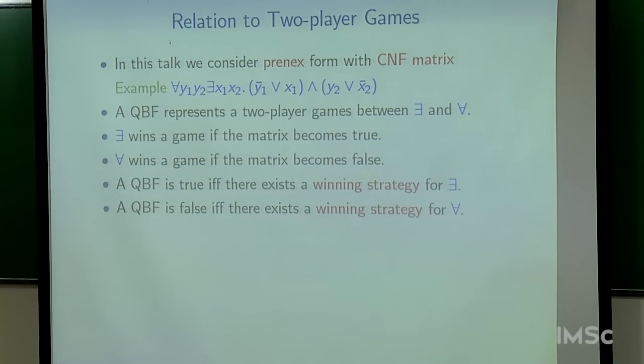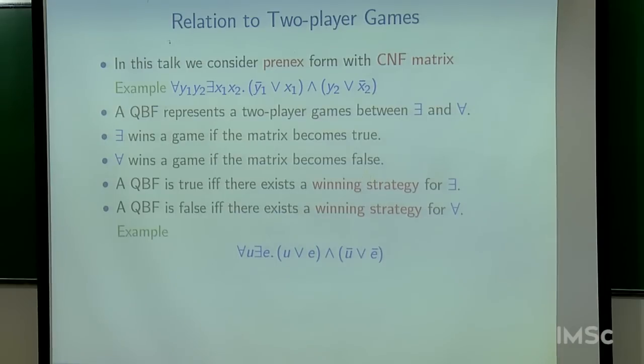So these winning strategies from the game, you have to see them as functions only on the variables that come before it for each of the variables that you're playing. For example, we have this QBF here, and there are 2 rounds in this.